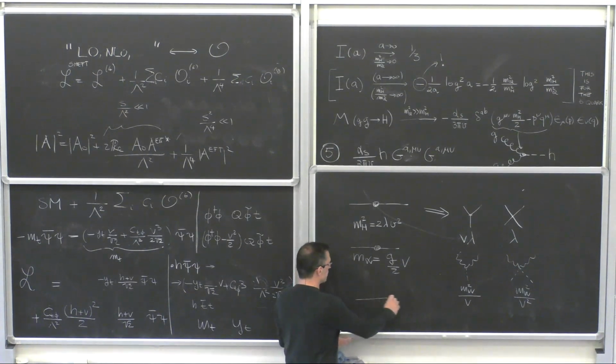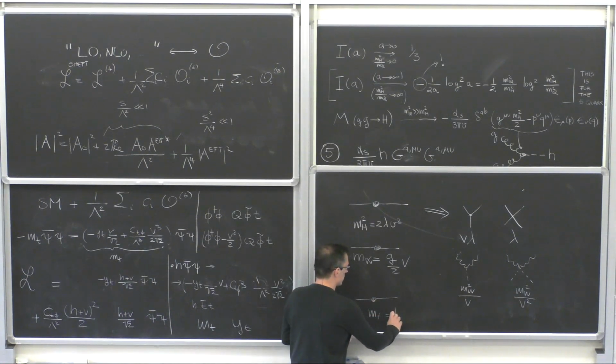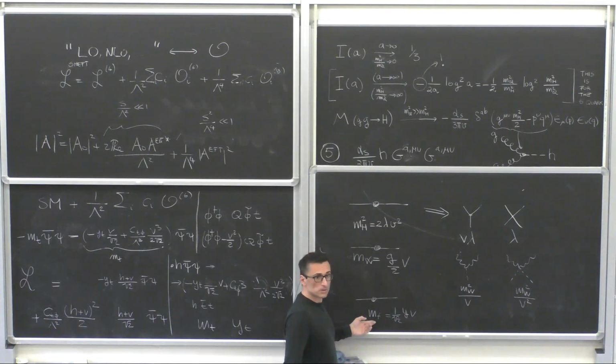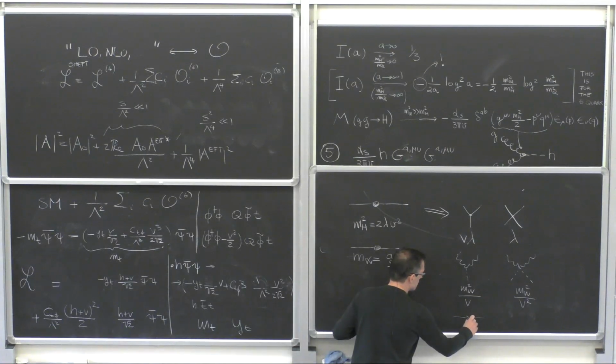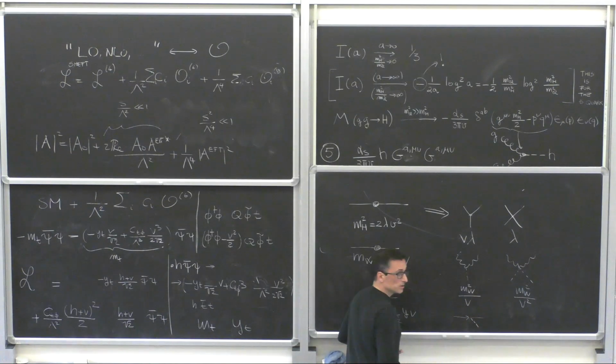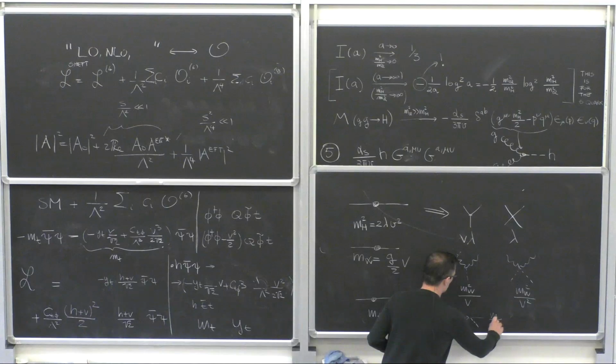And for the fermion, it's the same. The mass of the fermion is equal to 1 over square root of 2 times y times v. But then the fermion interaction with the Higgs is locked because it's m over v.